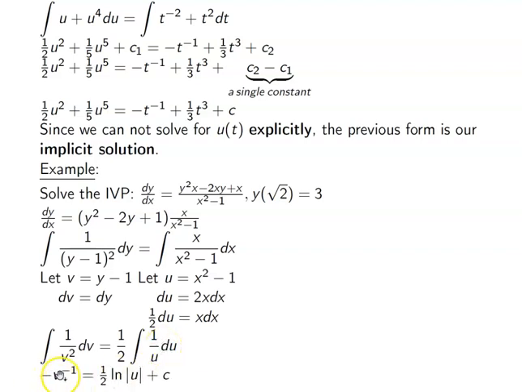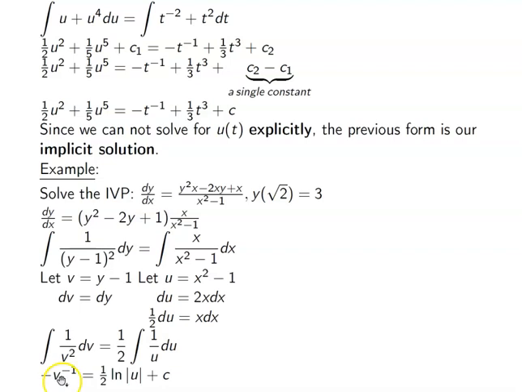Okay, negative v to the negative 1 power, 1 half natural log absolute value of u plus c. And again, this c takes care of the constant from this side. So here, there's only one v present, not like before where I had different powers of u showing up. There's only just one v with one power. Doesn't really matter what it is.